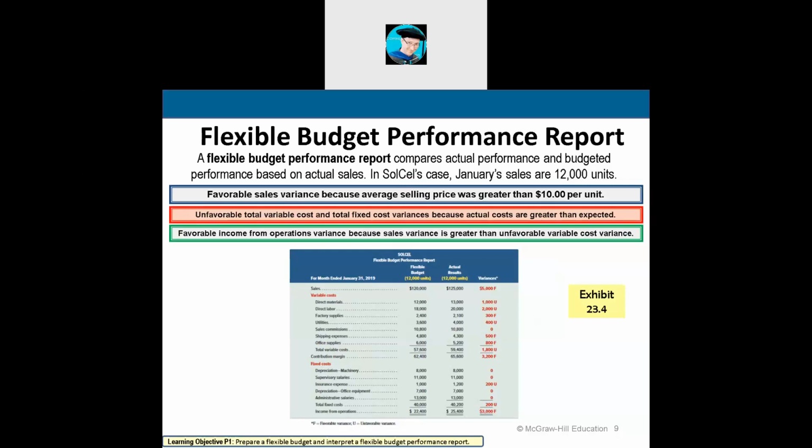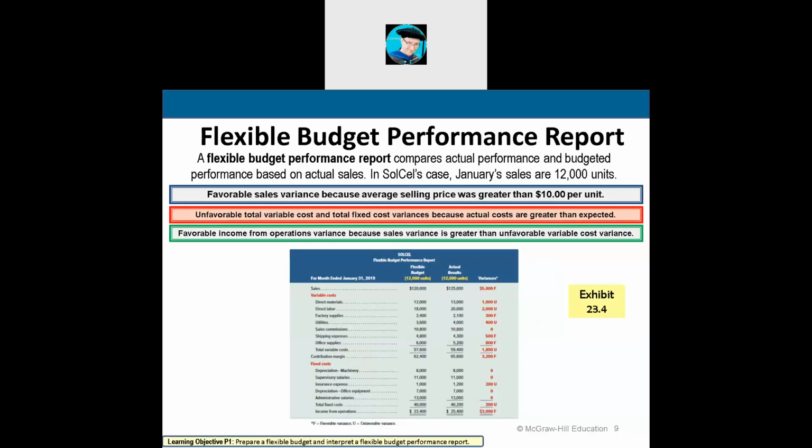I must have sold a few more than the 12,000. I ended up with 125,000 actual sales. That's favorable by $5,000. My actual sales were greater than my budget amount. Favorable.